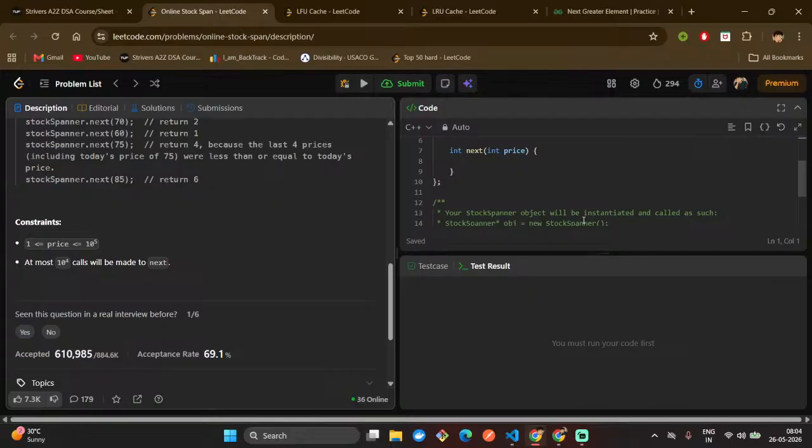It's 60. Now comes the 70, so it becomes greater now. So it matches 70. Now it's again 60. Now comes the 60.